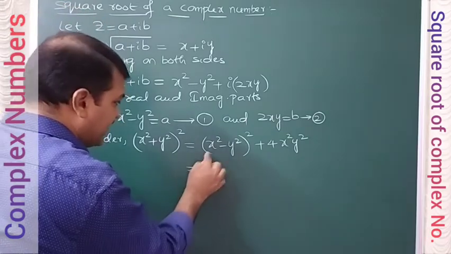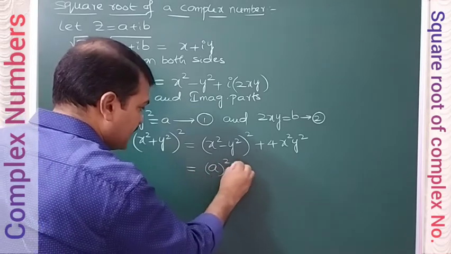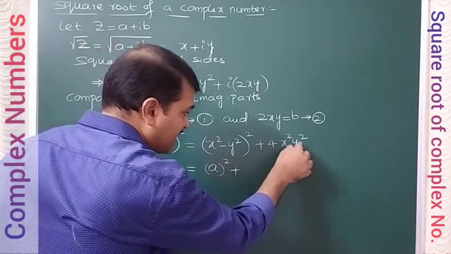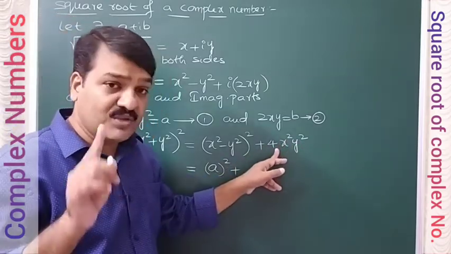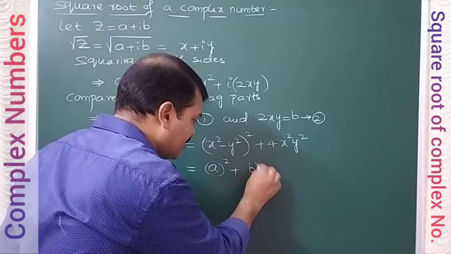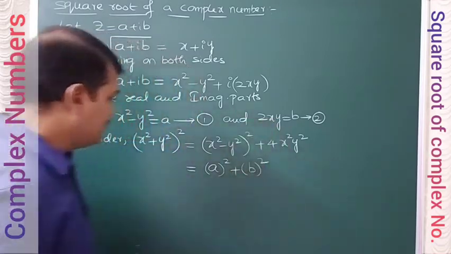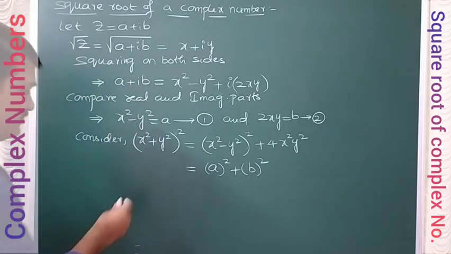So x square minus y square means a, plus 2xy whole square, directly I will write. 4x square y square is what? 2xy whole square. 2xy means b, so b square. So (x square plus y square) whole square value is this one.